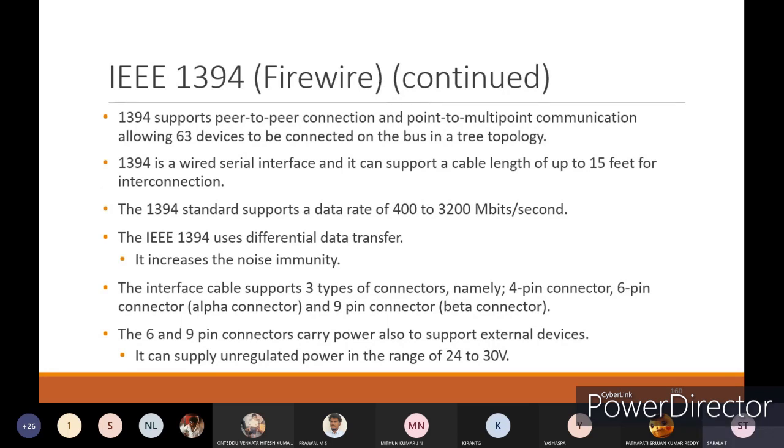And IEEE 1394 uses differential data transfer. It increases the noise immunity, and the interface cable supports three types of connectors, namely 4-pin connector, 6-pin connector, and 9-pin connector. 6 and 9-pin connectors carry power also to support external devices. It can supply unregulated power in the range of 24 to 30 volts.